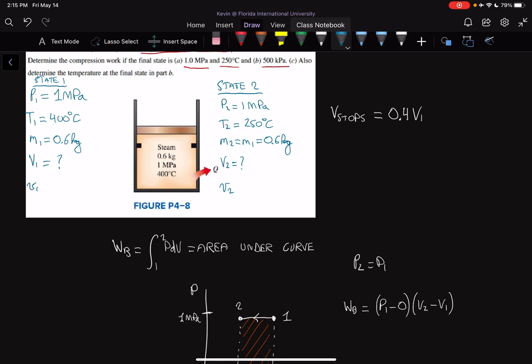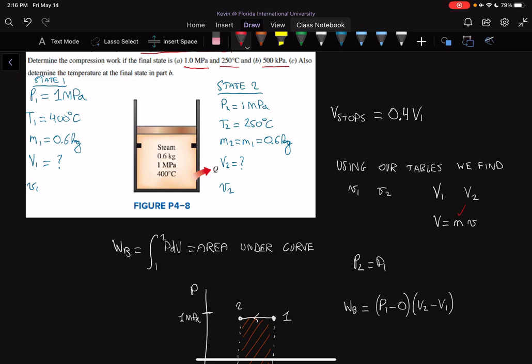Since we have steam and steam is water, we're going to be using our tables. So I'm going to write, using our tables, we find little v1 and little v2. And from little v1 and little v2, we can find big V1 and big V2. Remember, V is equal to m times little v. We have mass, so we just have to find specific volume, and then we'll be able to find the actual volume to plug into our equation.